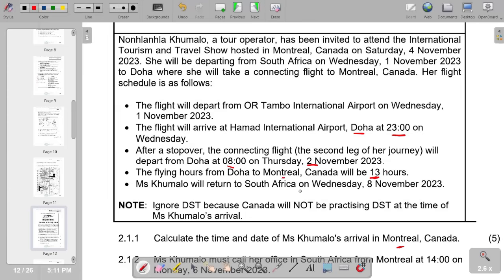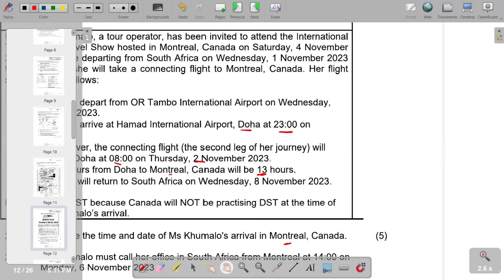So basically we have two places: we have Doha, we also have Montreal, and between the two we have 13 hours.